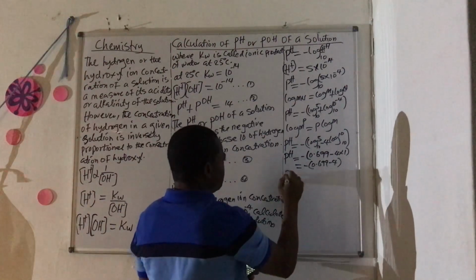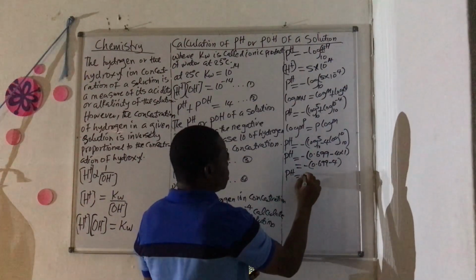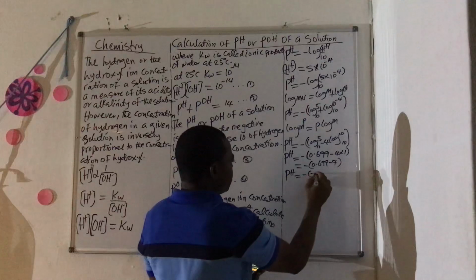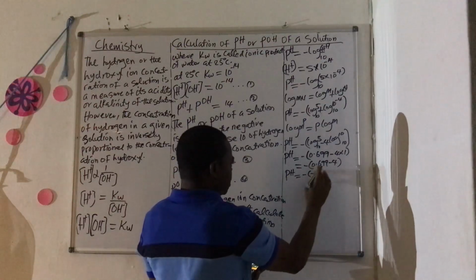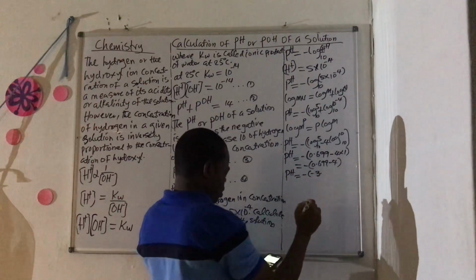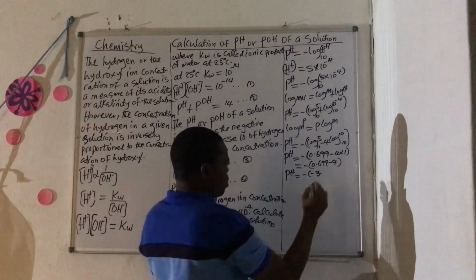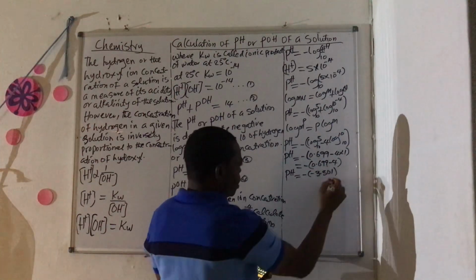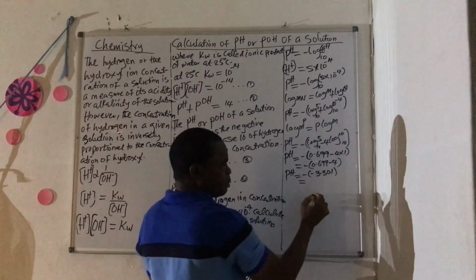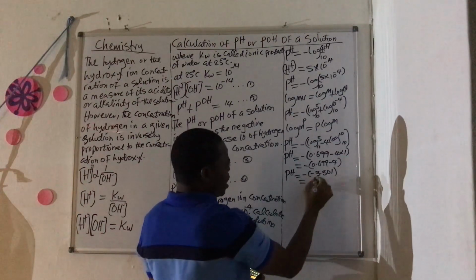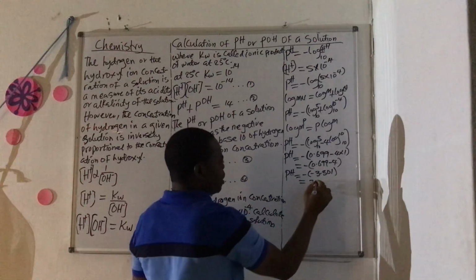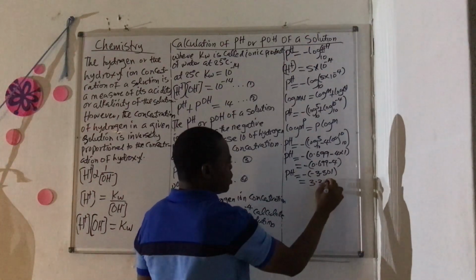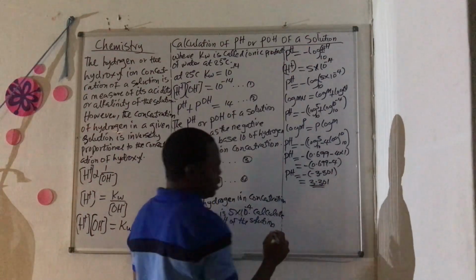So pH is equal to minus, open bracket, minus 3.301. Minus times minus gives plus, so we have 3.301 as the answer for the pH.